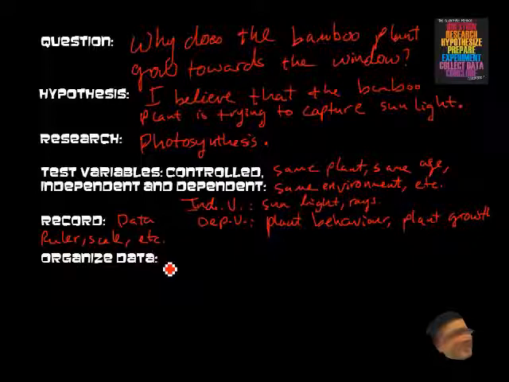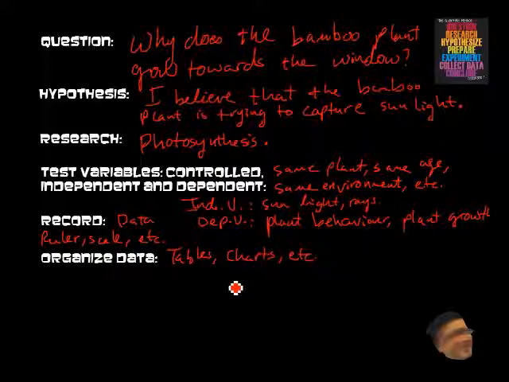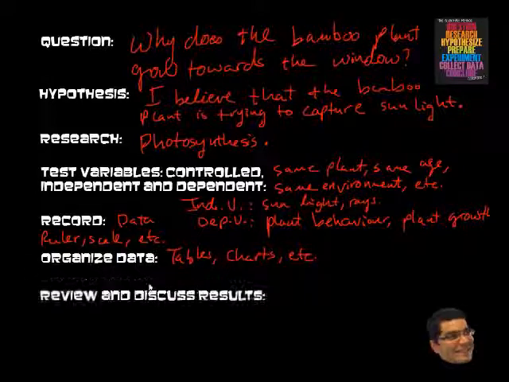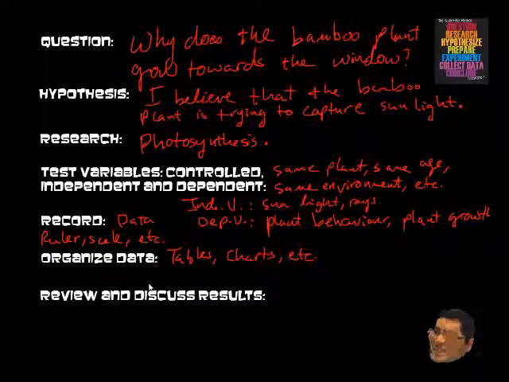And then you begin to organize your data into tables, charts, diagrams, etc. Why? Because people like pictures. It makes things easy to understand. Usually. Sometimes they don't, but anyhow, in this case, we're going to show people some tables and charts and pictures to make things easier for them to understand.